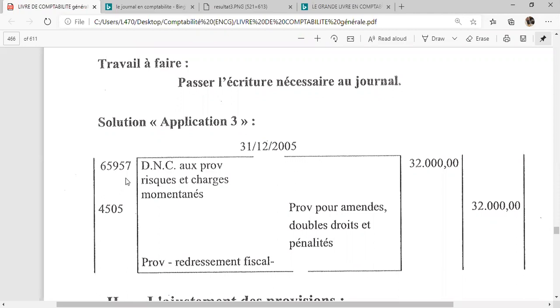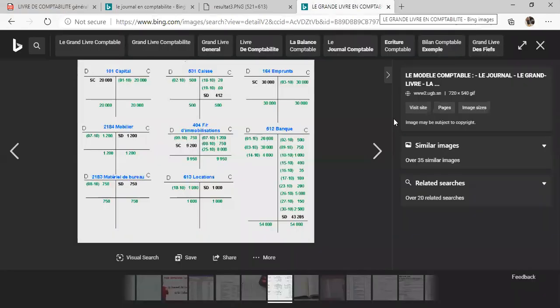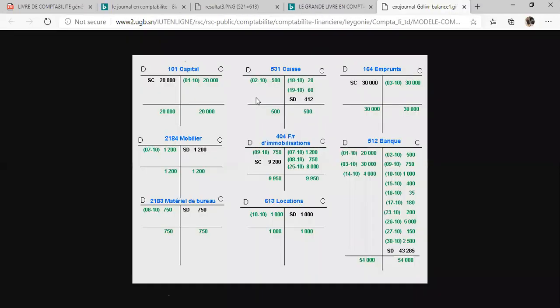So moving on to something else, we are going to look at what is called le Grande Livre. This one also works on the principle of comptes, but it's not one individual book the way we draw the others.